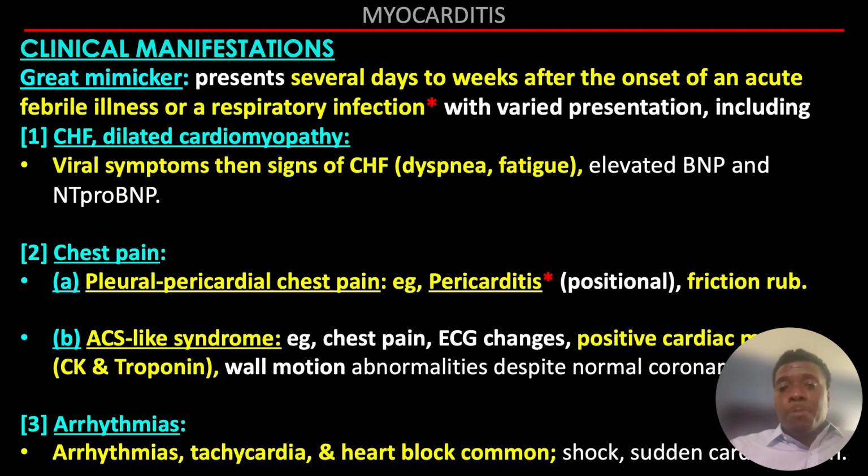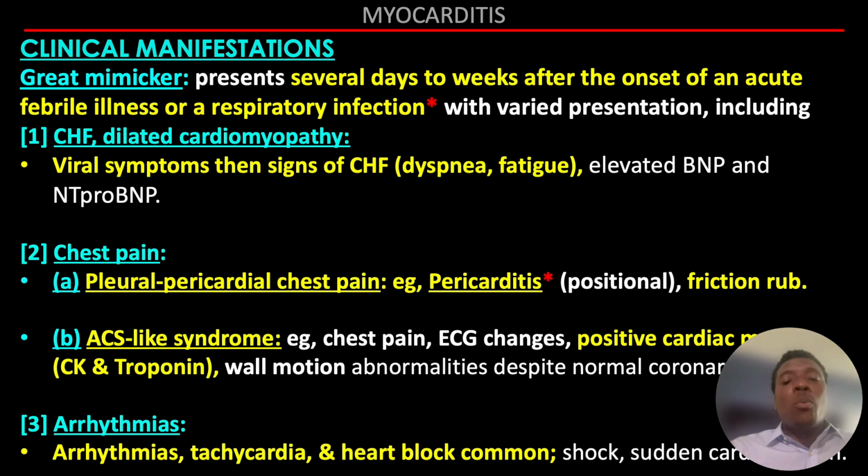The other way with chest pain, it presents just like acute coronary syndrome. So instead of the sharp chest pain of pericarditis, they may present with a substernal chest pain or pressure that presents very similar to myocardial ischemia as well. And it can actually mimic an ST elevation MI. They can have positive enzymes and even have ST elevations potentially.